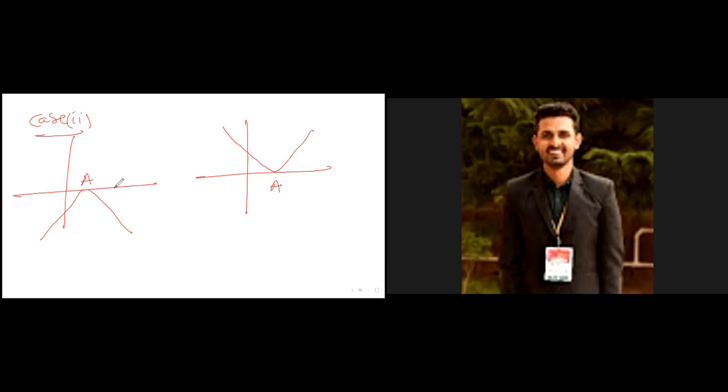Only one, right? This is only 1 point. So zeros, only 1 zero. Also here, it is only 1 point. It is at only 1 point that the graph is intersecting the x-axis.